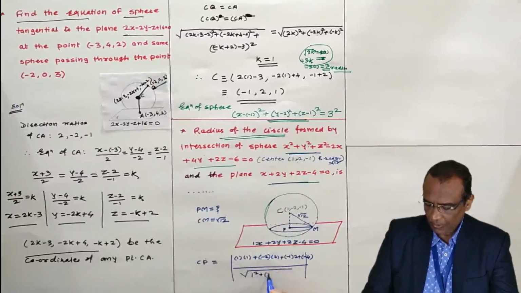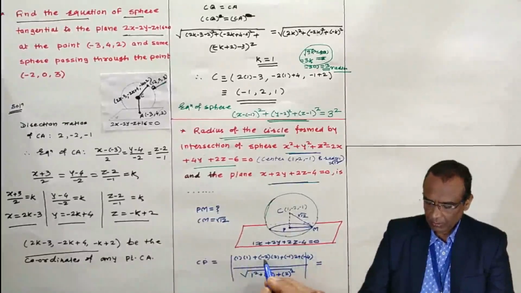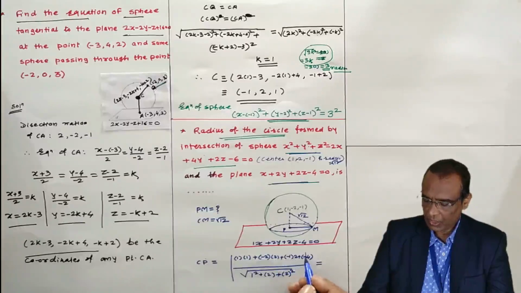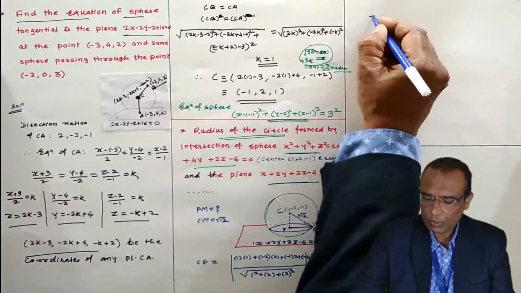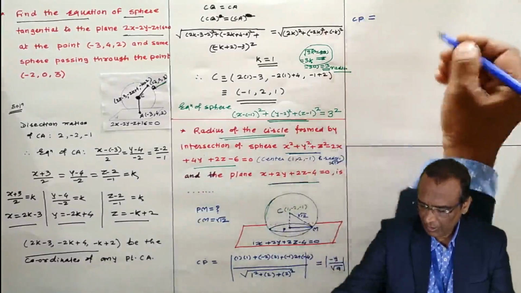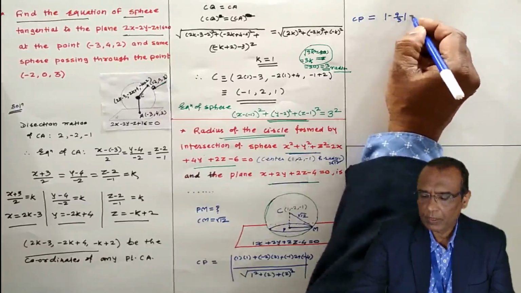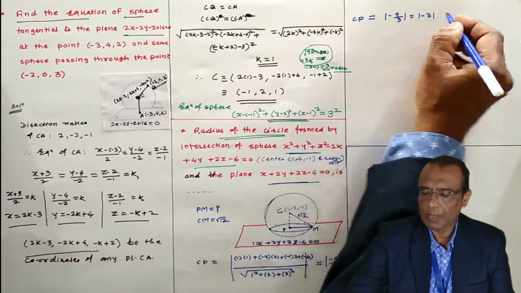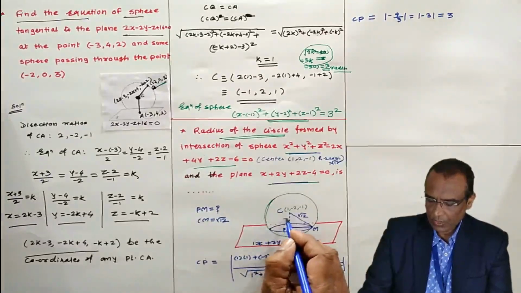Here it is 1 times 1, minus 2 times 2, minus 1 times 2, minus 4, all over the square root of 1 square plus 2 square plus 2 square. So 1 minus 4 is minus 3, minus 3 minus 5 is minus 9, over the square root of 9. Therefore CP equals 9 by 3. The mod of minus 3 is 3, since CP is a distance which is positive. So CP is 3.